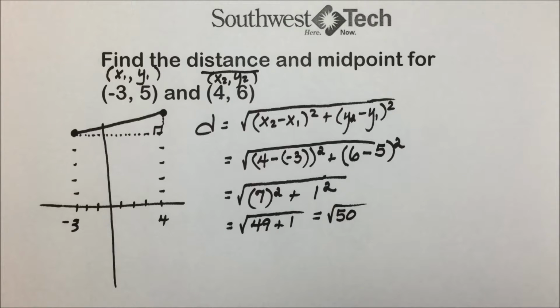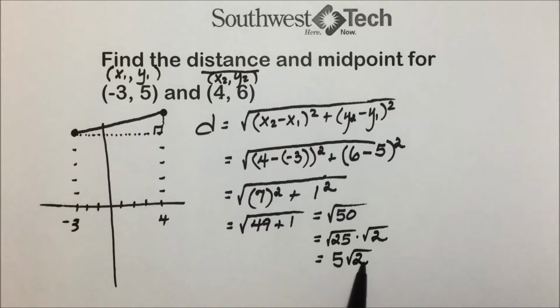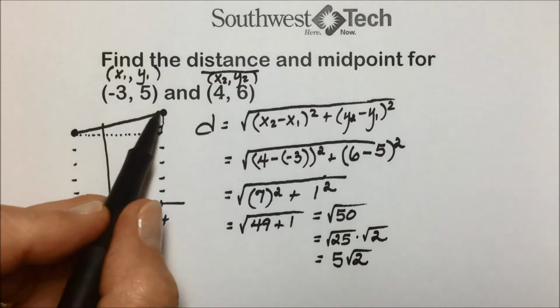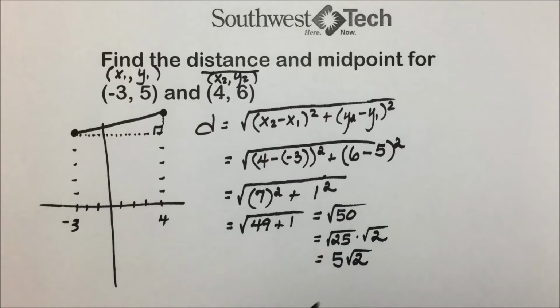It's not quite in simplified radical form, but we can break this into the square root of 25, which is a perfect square, times the square root of 2 as an equivalent expression, and simplify it from here. Square root of 25 is 5, and square root of 2 we'll leave as the radical for the exact value. So the distance between these 2 given points would be exactly 5 times the square root of 2.